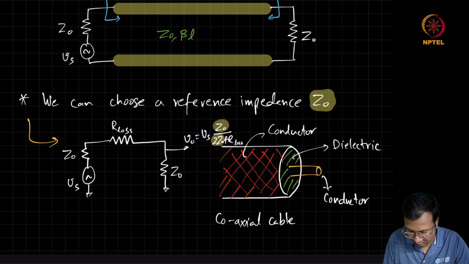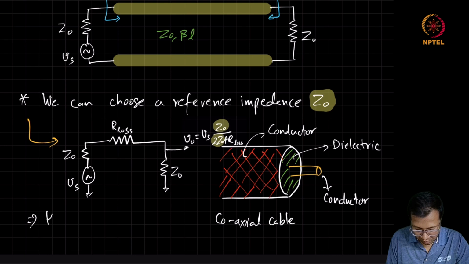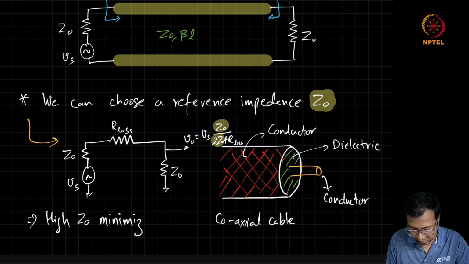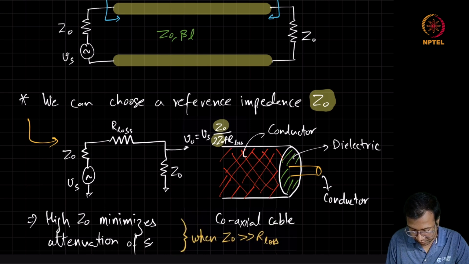It implies high Z0 minimizes attenuation of signal.